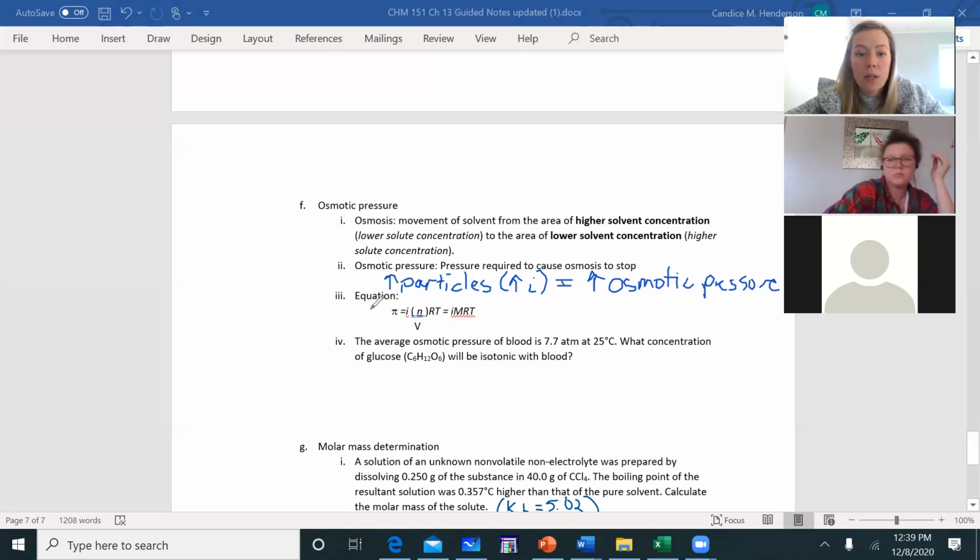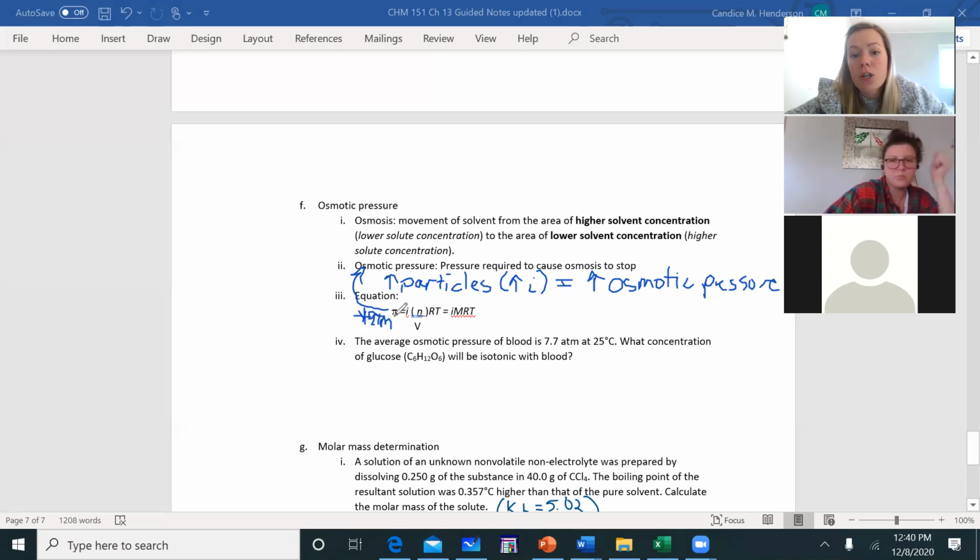And this is the equation that we use for it. Now, pi over here is not talking about 3.14. Pi is talking about the osmotic pressure, specifically in units of atm. So how much pressure needs to be applied to stop this flow?